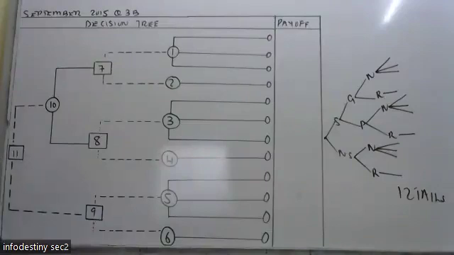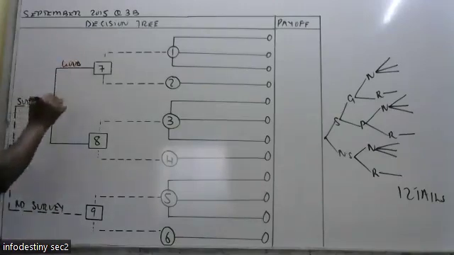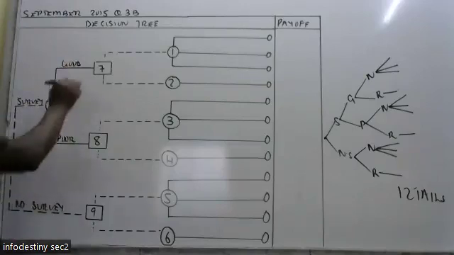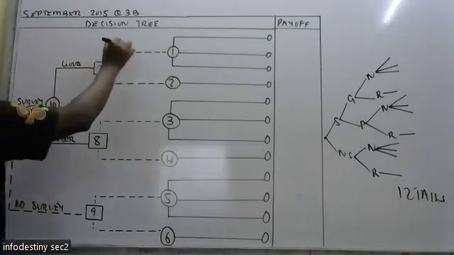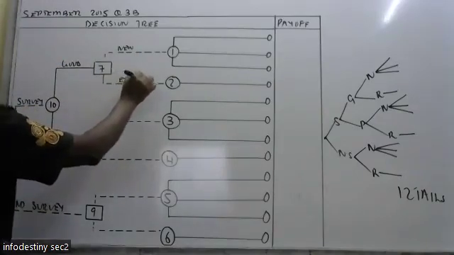That is how the frame looks. So here we are saying you do the survey. Here, no survey. Here they give you a good report or they give you a poor report. Here you do the new or you use the existing.